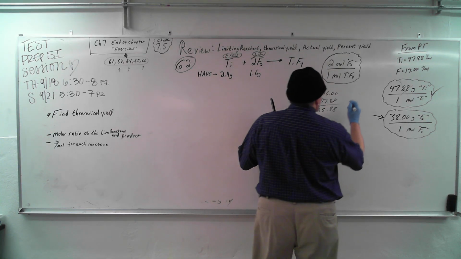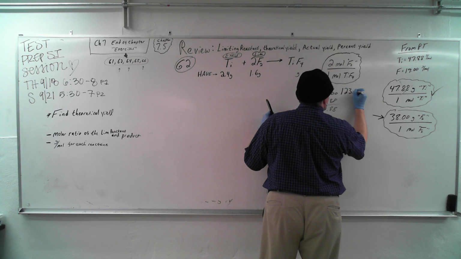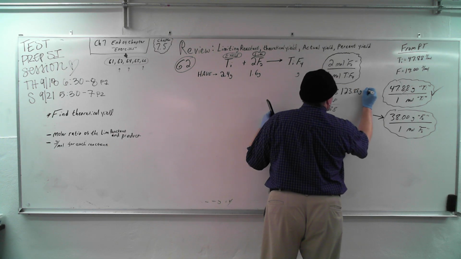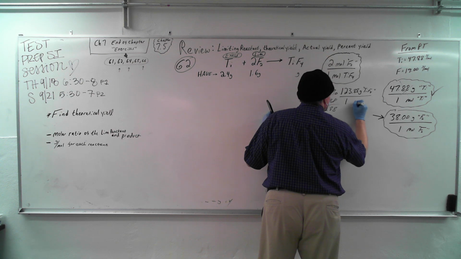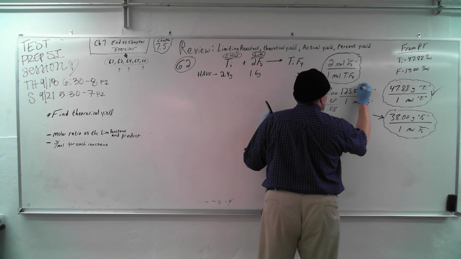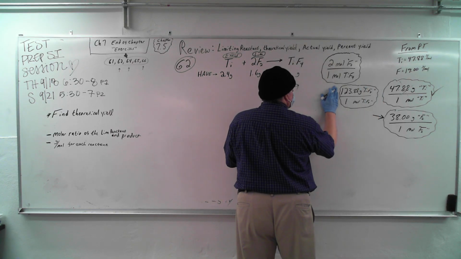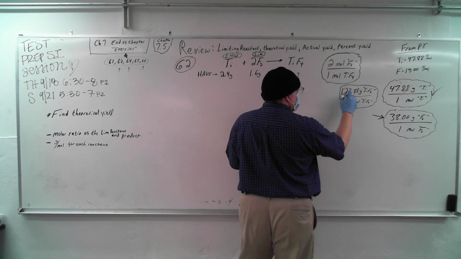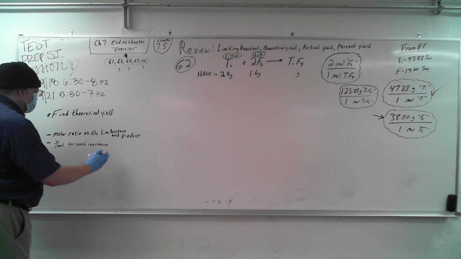So, grams of TiF4 is 1 mole. So I'm going to need that as well. So that's just finding the molar mass of TiF4. So you're going to need those two things.